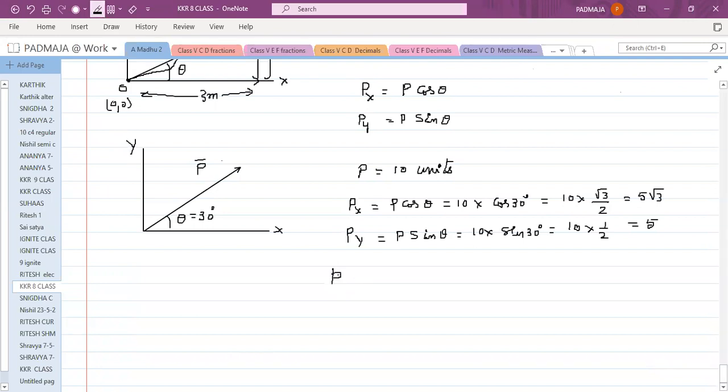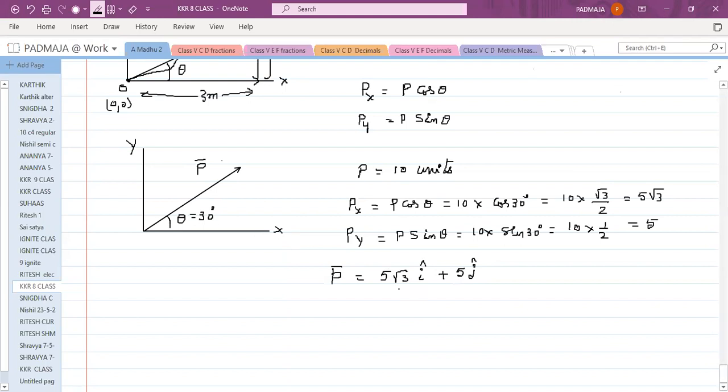Now I can write the vector p bar as: x component is 5 root 3, so 5 root 3 i cap, plus y component is 5 units, 5 j cap. 5 root 3 i cap plus 5 j cap. This is the vector notation of the vector.